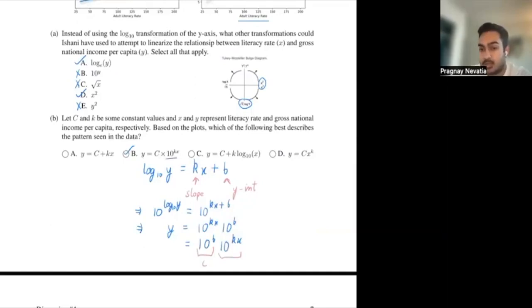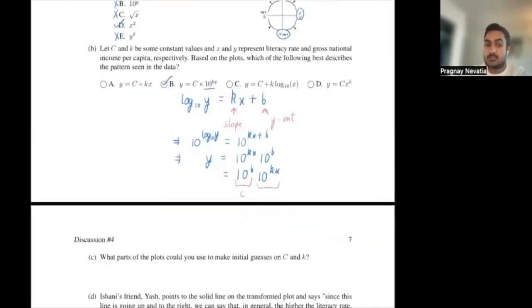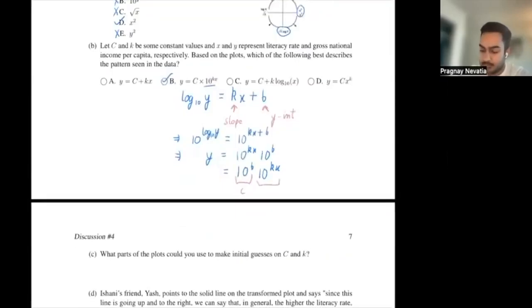Again, it's very important to understand what the real relationship is between the real variables. The log of something is a variable which doesn't have that much physical meaning, but finding the meaning of the real variable gives us an insight into our data.